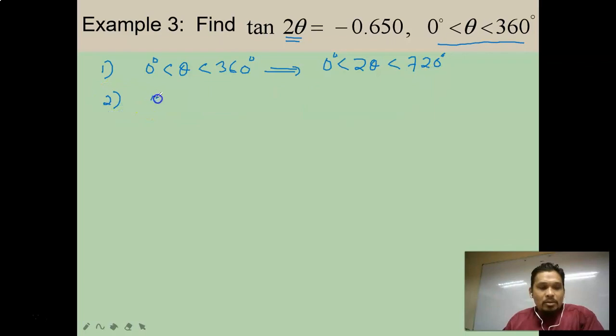And then 2 theta lies in the second and fourth quadrant.